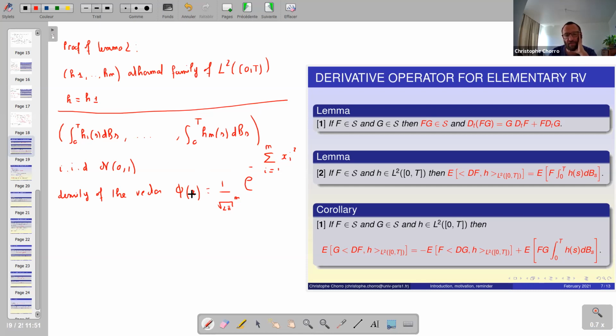So the density of this vector is given by this expression, the classical expression for the density of n independent N(0,1). Now if I want to express this quantity, what is this?